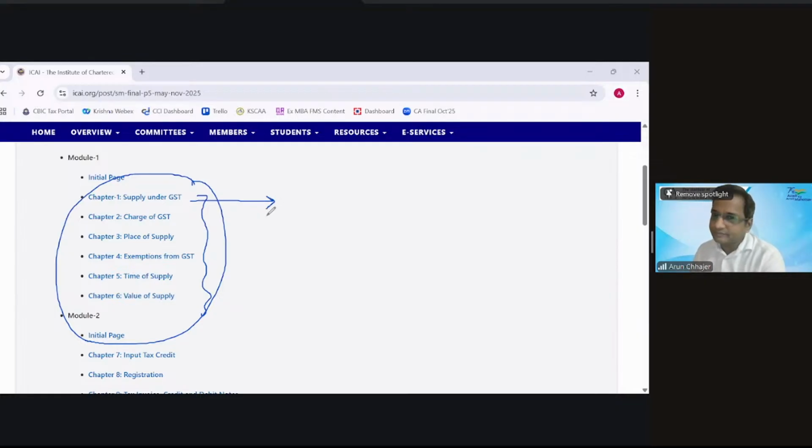Supply. Example. If I am selling the furniture, let's say I have purchased the computer for 2 lakh rupees, 40,000 was the GST. I have not taken the ITC. Entire 240 is being capitalized in my books of account.